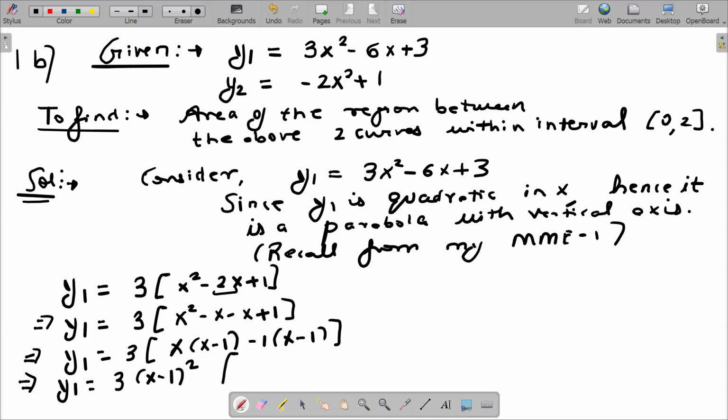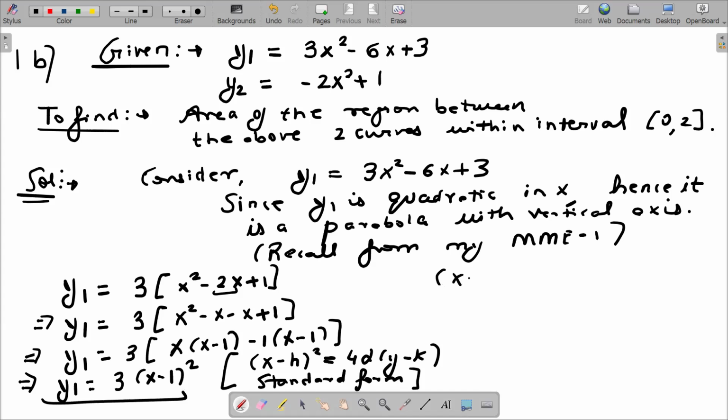And if I compare it with the standard form, x minus h square is equal to 4 alpha times y minus k, this is the standard form of the parabola. So this I can write as x minus 1 square is equal to 1/3 times y1 minus 0.